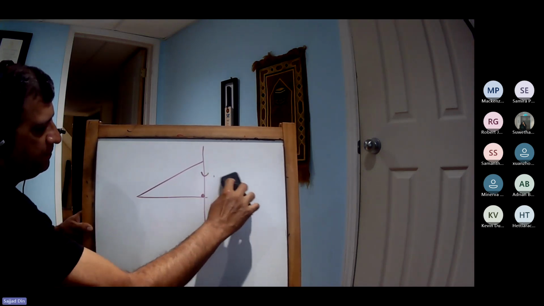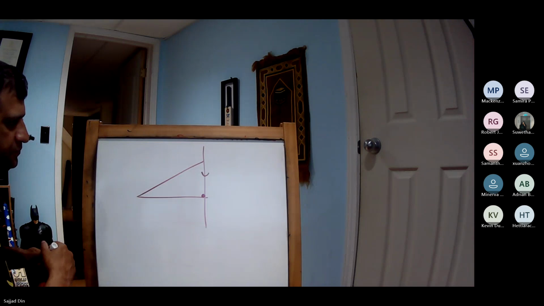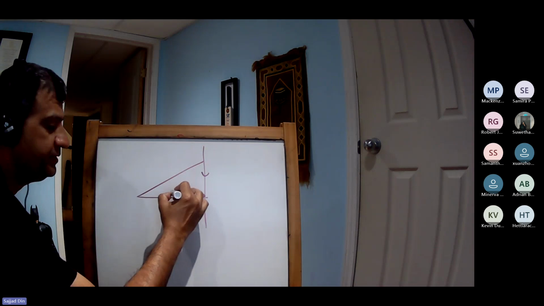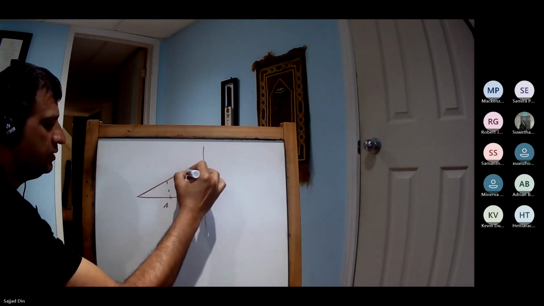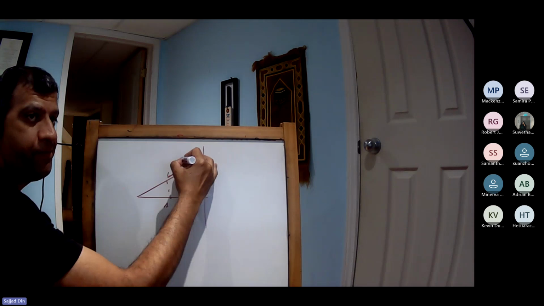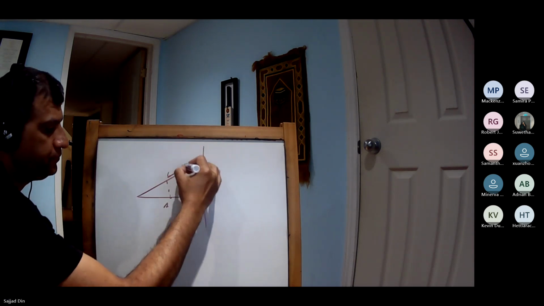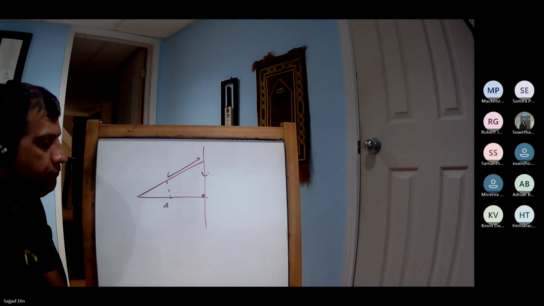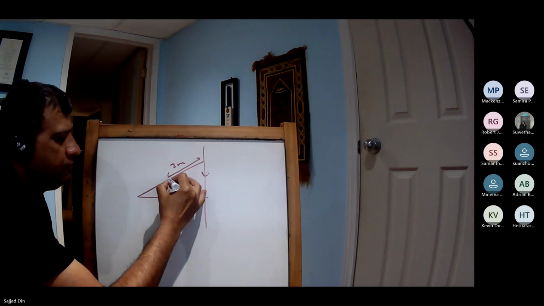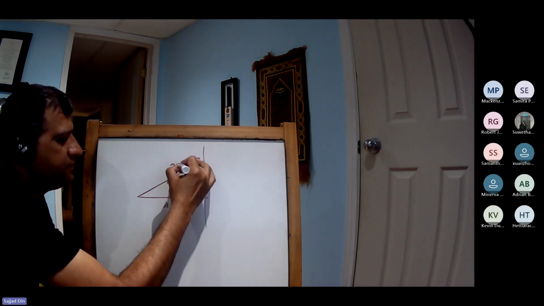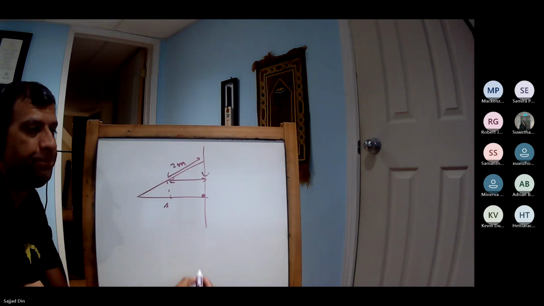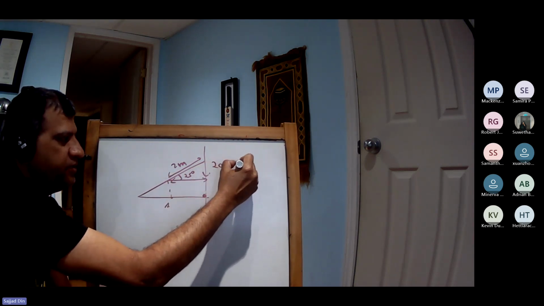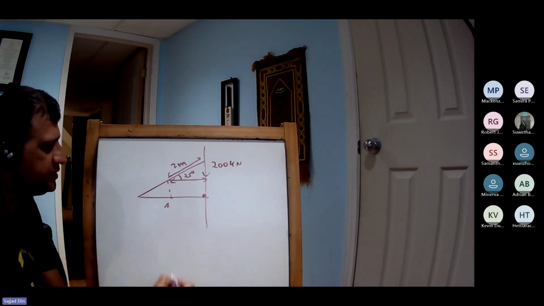Then what I do is I break it down. Now let's say this is A. Then what happens here is, what is this distance? 2 meters. We want to find this distance. We know the angle is 25 degrees, and we know this is 200 kilonewtons. So what is this distance going to be?